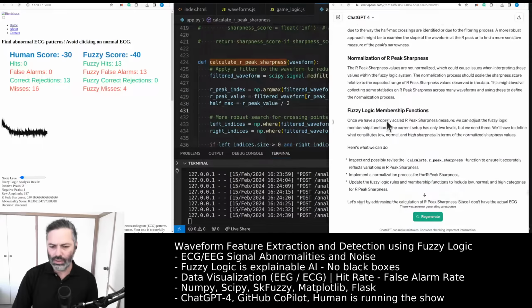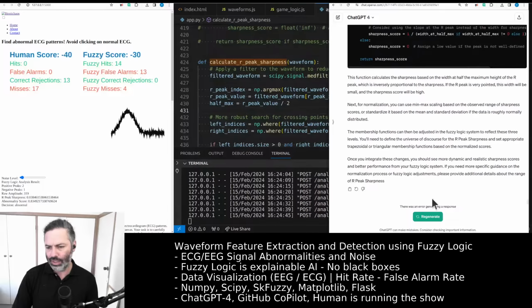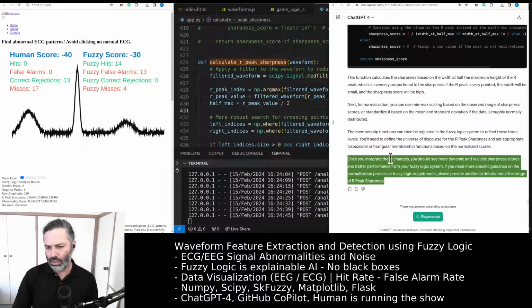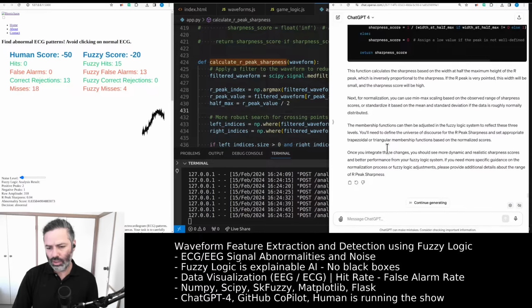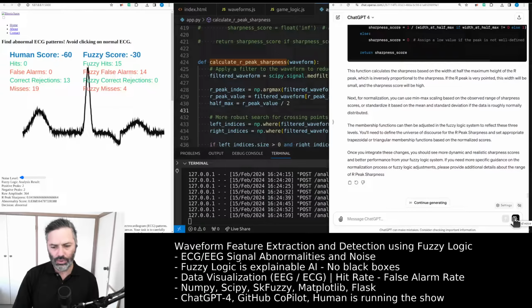Now it got stuck on us. Yeah, that interface is not great, is it? At least when we refresh the page, it lets us continue with the chat. So I might do that.